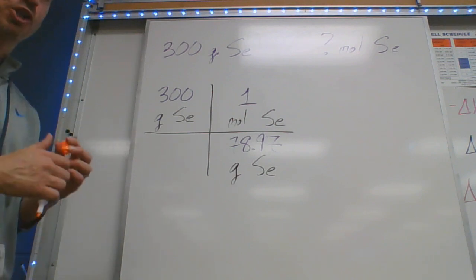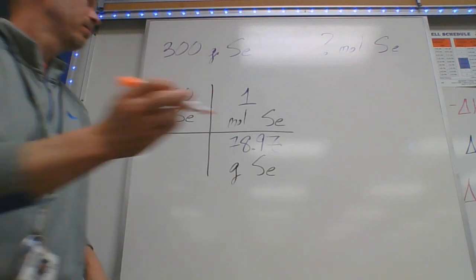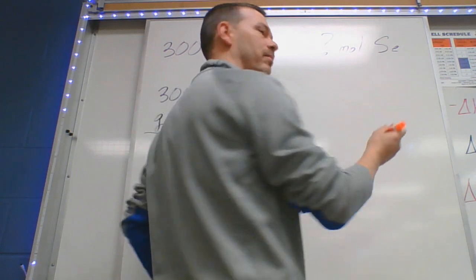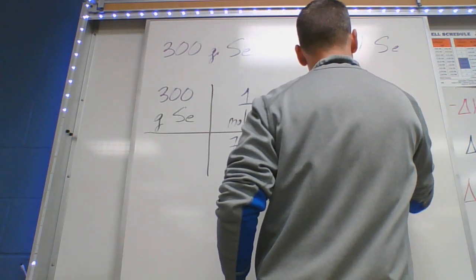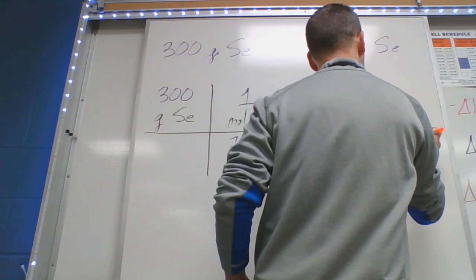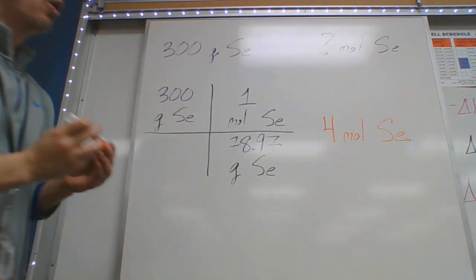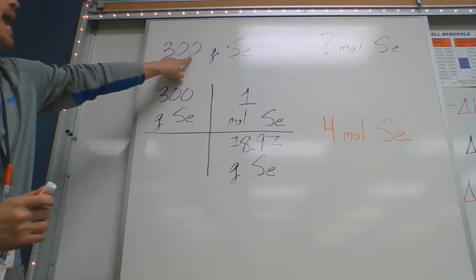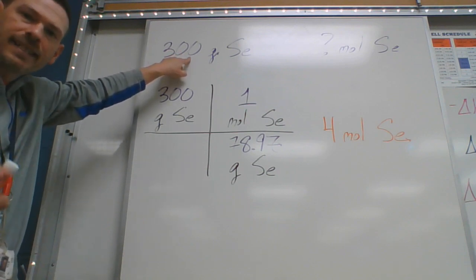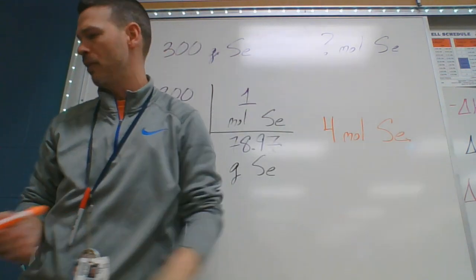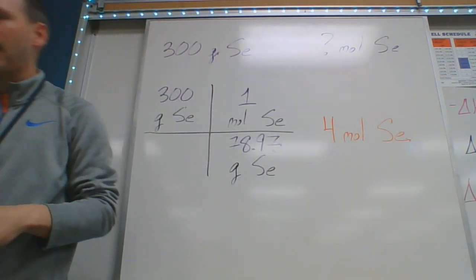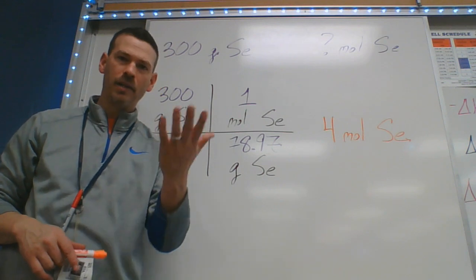Anybody brave that wants to share what they think the real final answer is? Yeah, it's 4. 4 moles. Remember, zeros that end a number are not significant if there's no decimal shown. So there's only 1 sig fig, so I rounded. I mean, you probably got 3.7989, blah, blah, blah. I rounded it to 4.